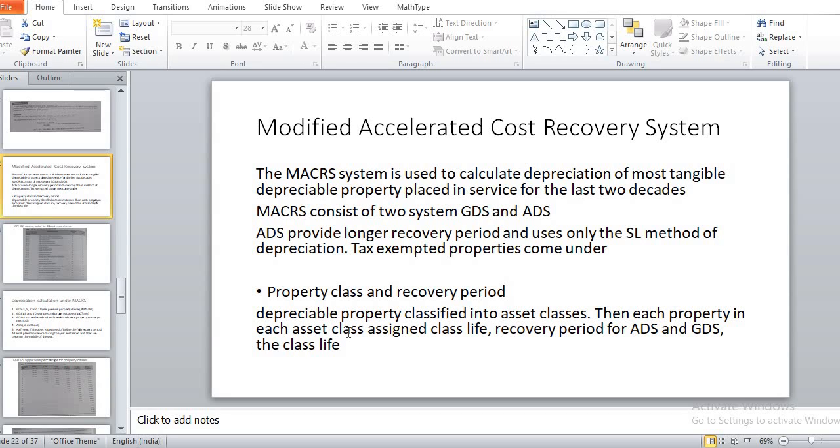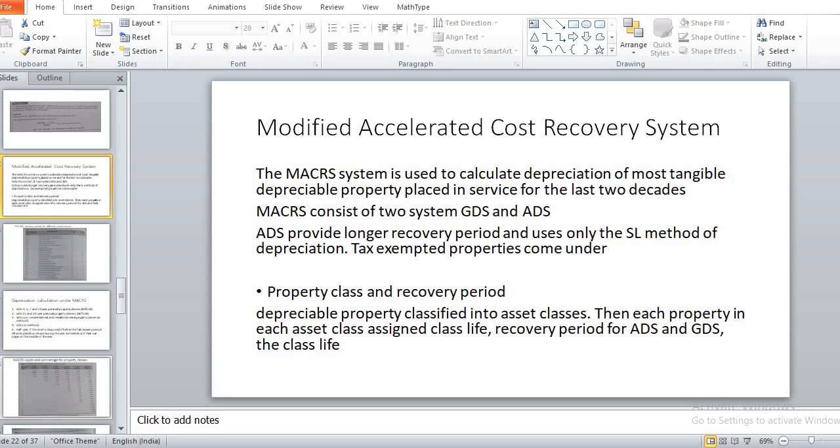Under this system, tangible depreciable properties are classified into asset classes, and each asset class is assigned a class life, a GDS recovery period and an ADS recovery period.